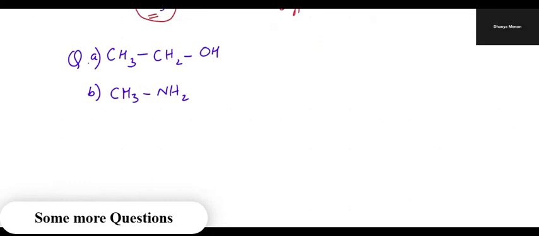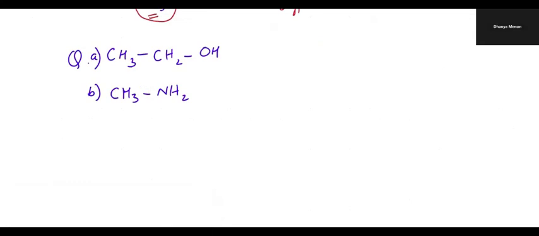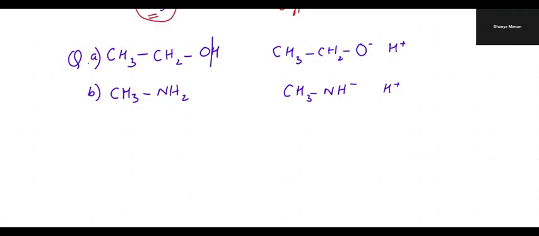2 compounds. Okay, in the first one, the negative charge is on oxygen and hydrogen is released here. And in the second one, the charge is on nitrogen here, NH, and 1 hydrogen is released.